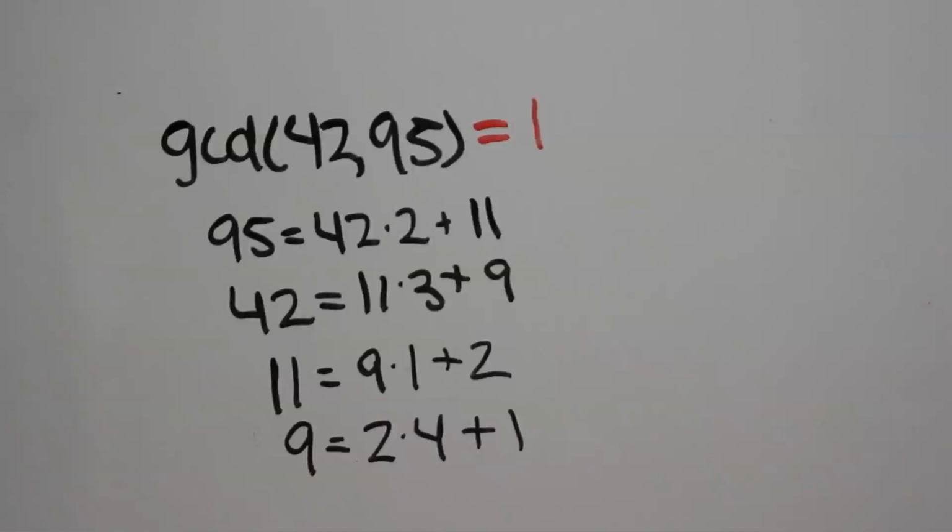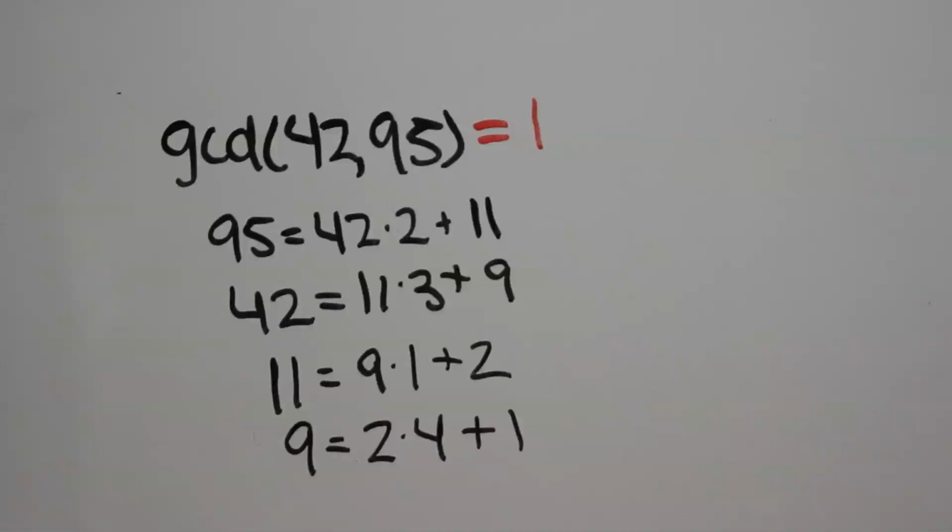But a way to find inverses through this is, we have another example here: the greatest common divisor between 42 and 95 is equal to 1, as we see when we break it down here, getting down to that last one. You can have another line at the very bottom saying that 2 is equal to 1 times 2 plus 0, and that would be your final line, but you're really just looking for that 1 above 0, so the very last thing you break it down to is that plus 1, so their greatest common divisor is 1.